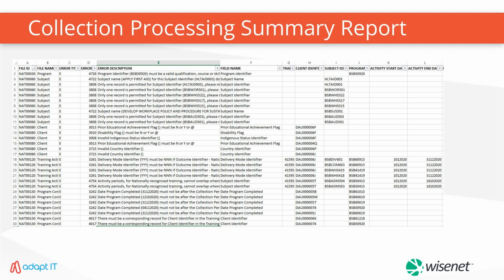Warnings should be investigated but won't stop validation. To troubleshoot errors, download the validation errors spreadsheet. Downloading the export details will show the errors, which can usually be resolved by identifying the student record by their student number, reading the error description, and updating the error in WiseNet.